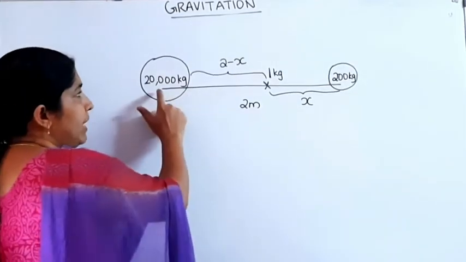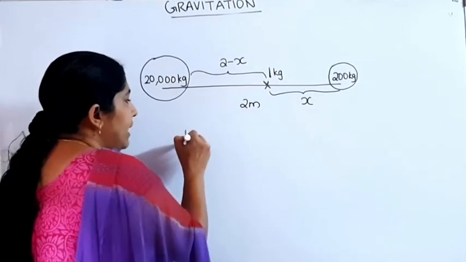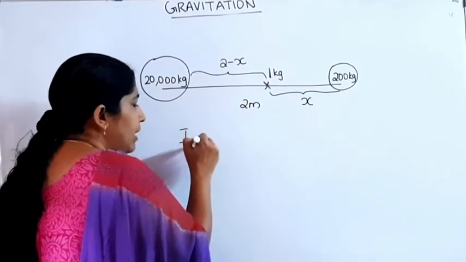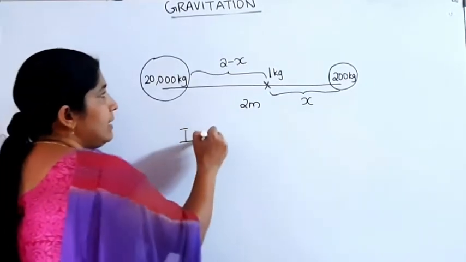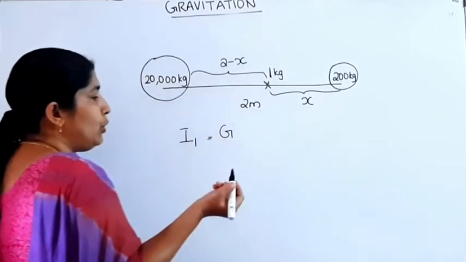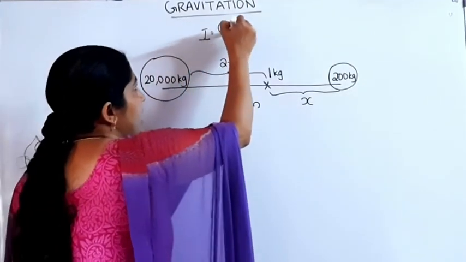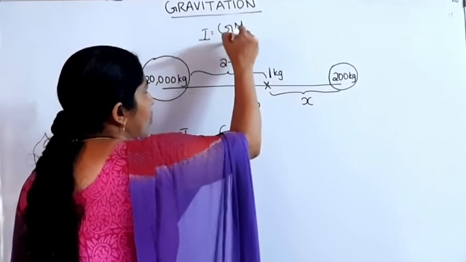The intensity due to the 20,000 kg body is I1, and the intensity equation is I is equal to Gm divided by R square.